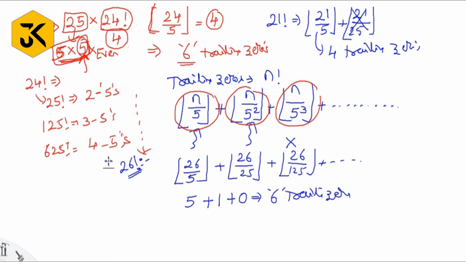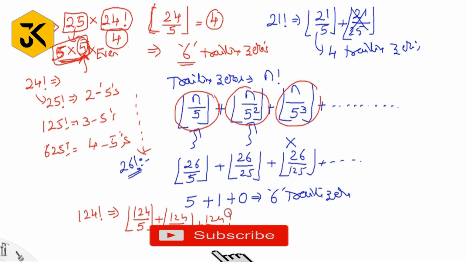Okay. Let's take one more number, 124 factorial. In 124 factorial, how many trailing zeros are there? We need to write 124 by 5 plus 124 by 25 plus 124 by 125. We'll stop here because here we'll get 0.